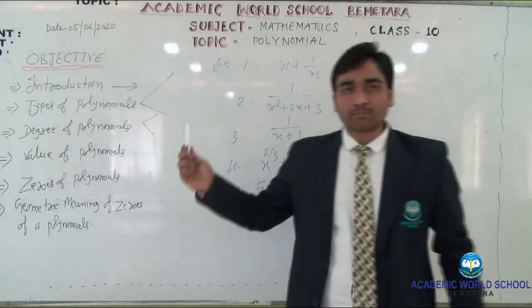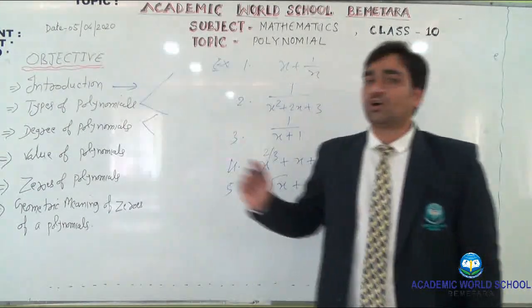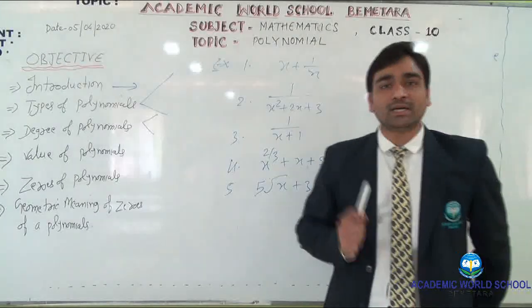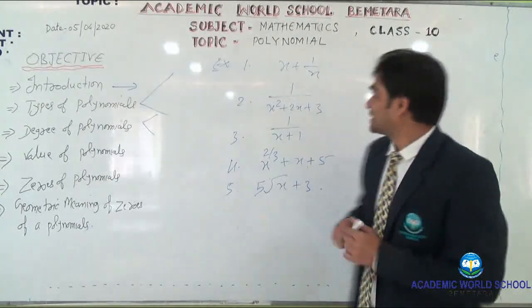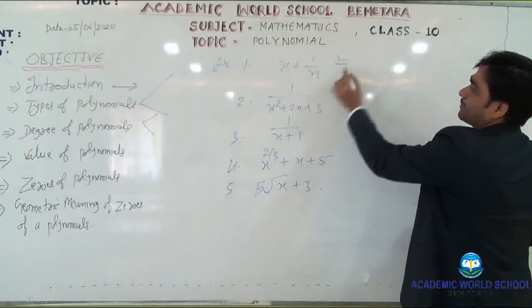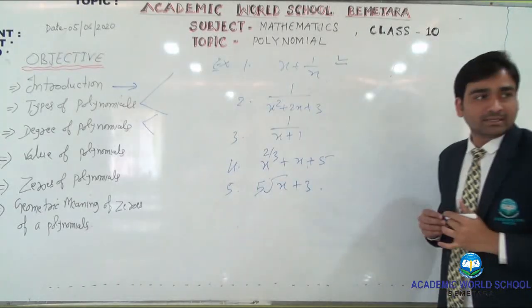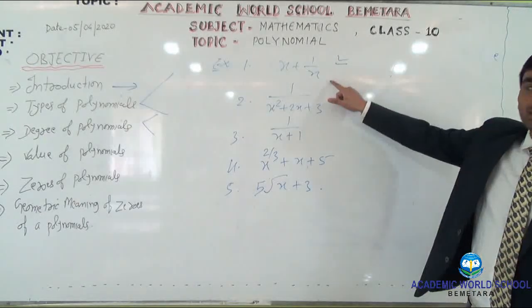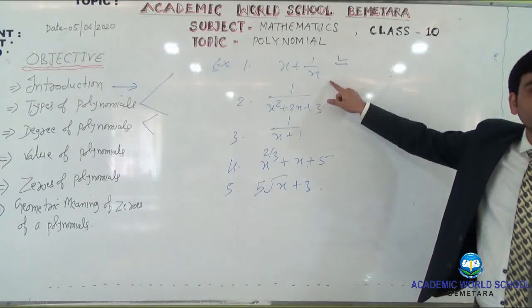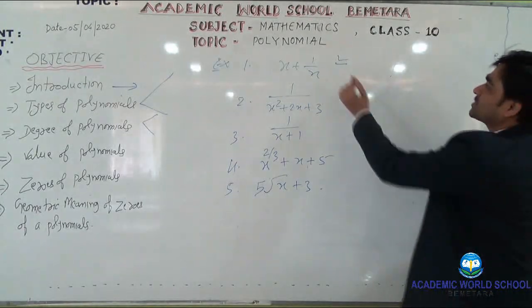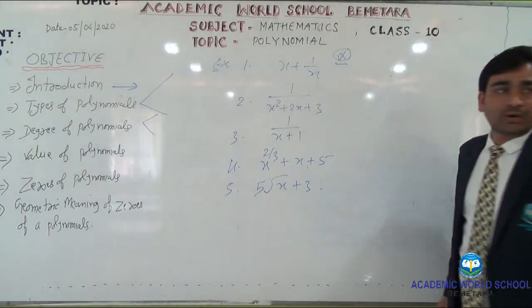Now find out whether these are all in the form of a polynomial or not. In the very first example, x plus 1 upon x, is this in the form of a polynomial? Yes or no? This is not a polynomial. Why?